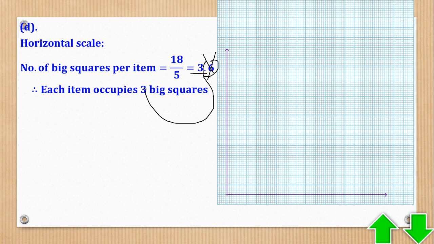Even if it is 3.9, ignore the decimal and take the whole number part. That is for horizontal, so we put intervals of 3, 3. Then vertical, then you can label it.